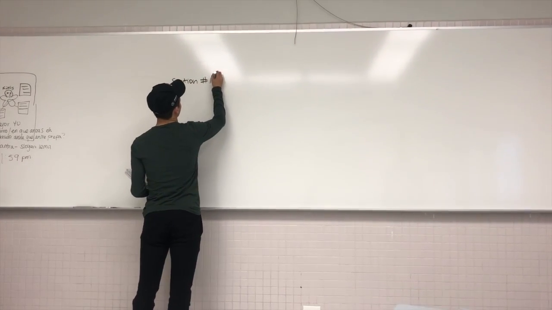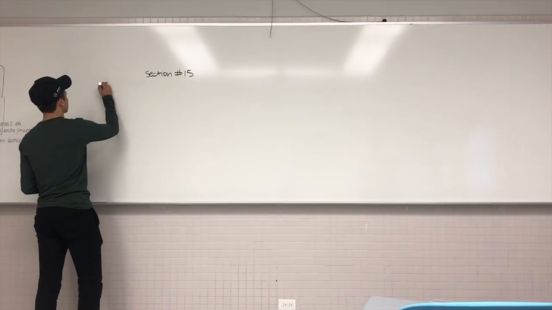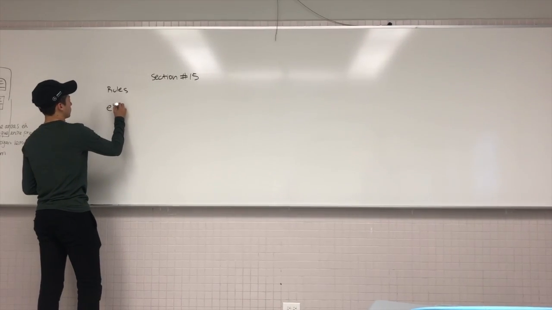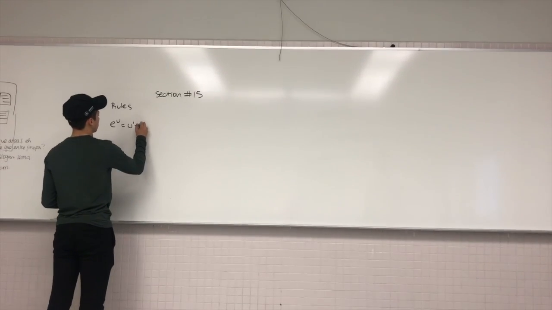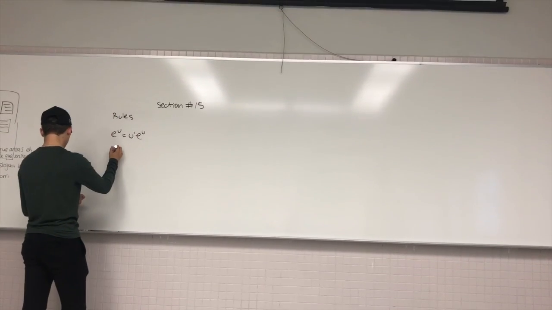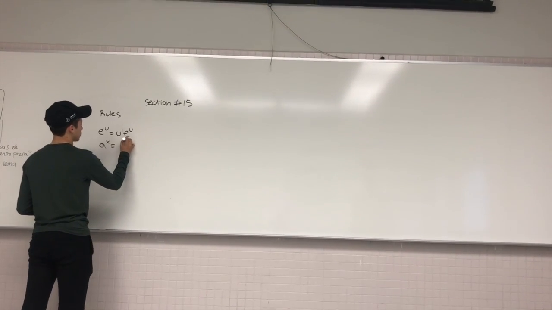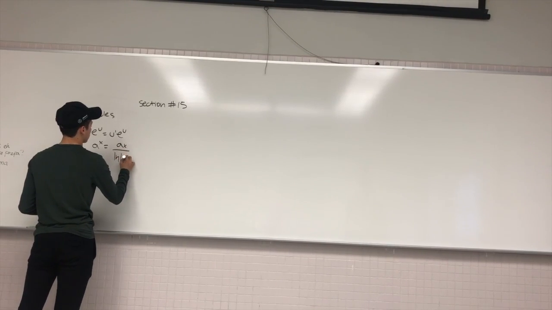And for this problem, we have a variation of rules that we need to know to solve this. And these rules are: the derivative of e to the u is, and when you have a to the x, it becomes ln of a.